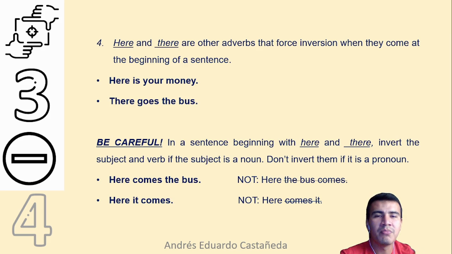You don't have to invert them if it's a pronoun. For example, "Here comes the bus," but we can't say "Here the bus comes." Or the other example, "Here it comes," not "Here comes it."